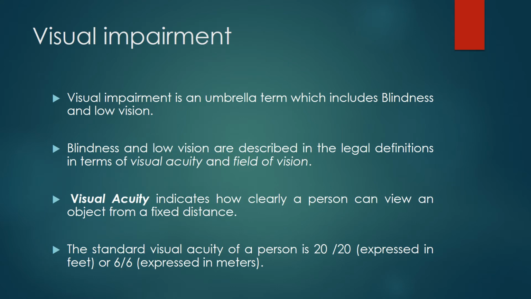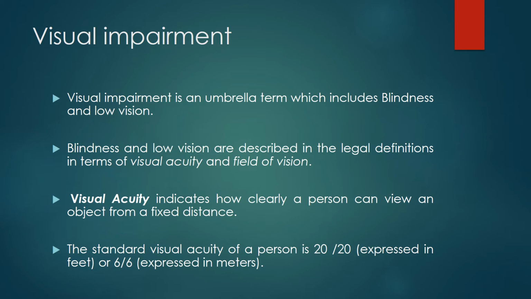As we discuss visual impairment, we can say that visual impairment is an umbrella term which includes both blindness and low vision. And now the question is how we can define or categorize blindness and low vision.